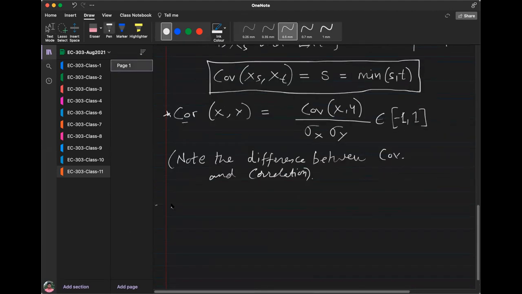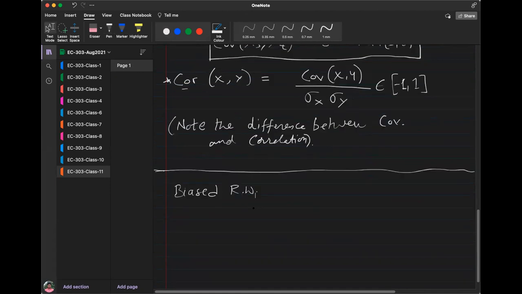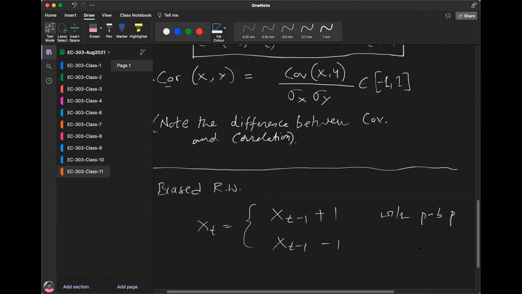Let me just also quickly revise one more thing, which is the biased random walk, which we defined as follows: x of t was x of t minus 1 plus 1, or x of t minus 1 minus 1, with probability p, and with probability q such that p plus q is equal to 1.